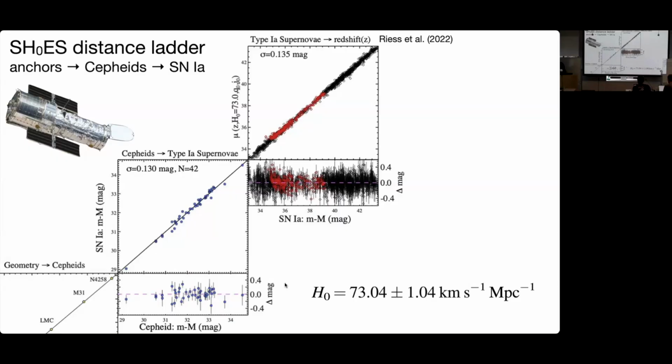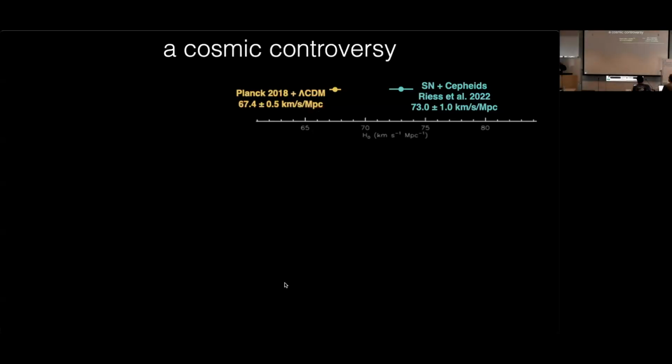When you put this all together, this is from the SH0ES team, you get a very precise estimate of what the Hubble constant is, something like 73 plus or minus 1, and there are even some more recent compilations since then. The reason this is interesting, and again, this is cosmology paying the bills for what we really care about, which is the astrophysics of white dwarf supernovae, is that there's this Hubble tension between the estimate from the early universe, assuming lambda CDM.